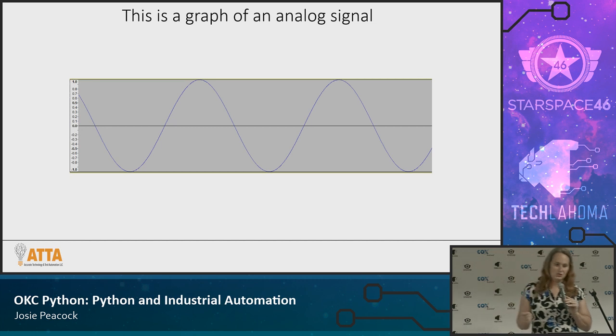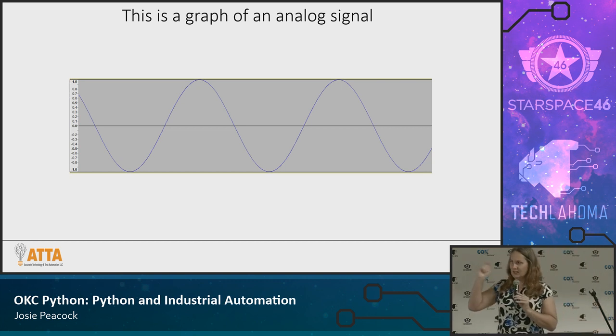So what we usually do is have a scan rate that's a minimum of 10 times the signal of interest. So we take a lot of tiny snapshots and measure the voltage at each one, and then we save that into an array that says at this time I took this level of voltage, and then you can reconstruct this waveform in a digital world.